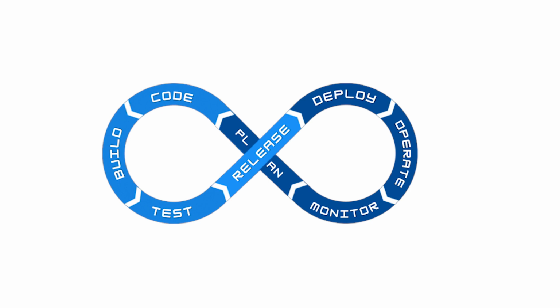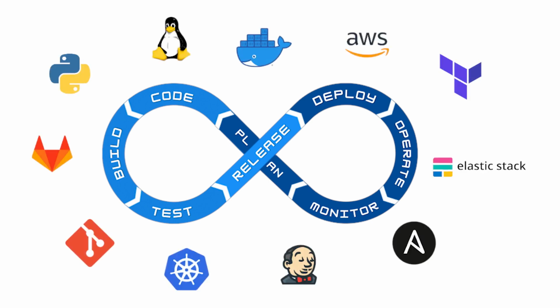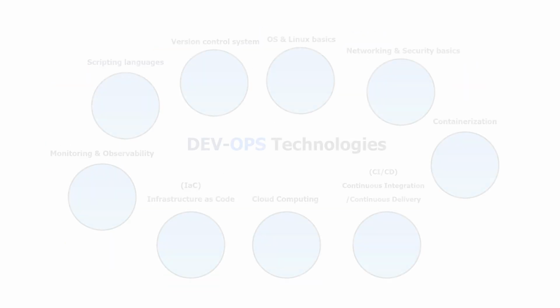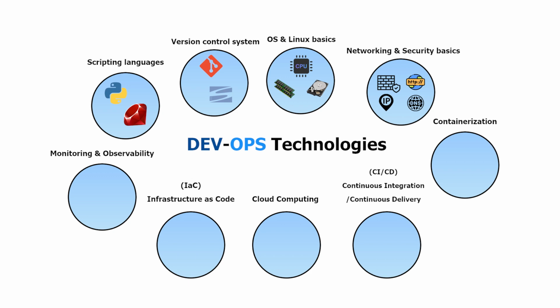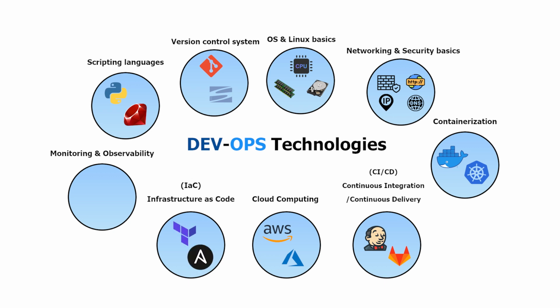By incorporating DevOps practices, a set of tools and technologies emerged. The following are the core segments of DevOps technologies: scripting languages, version control system, operating system and Linux basics, networking and security basics, containerization, CI/CD, cloud computing, infrastructure as code, monitoring and observability.